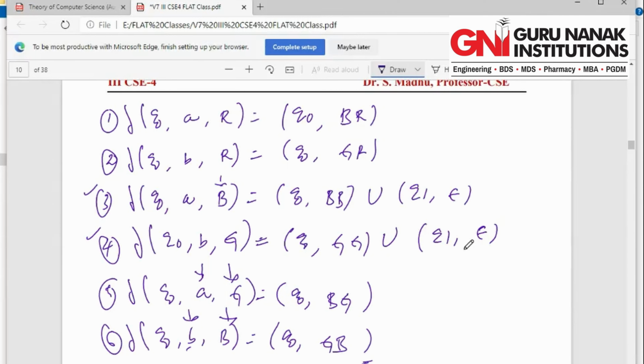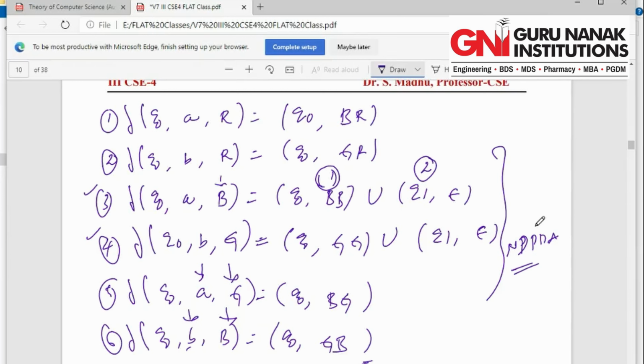So while you're writing more than one rule for the input and top of the stack, like this is one rule, this is the second rule, this kind of rule, if you write, that is called NPDA, that is non-deterministic push down automata. So WW reverse always has only a non-deterministic PDA.